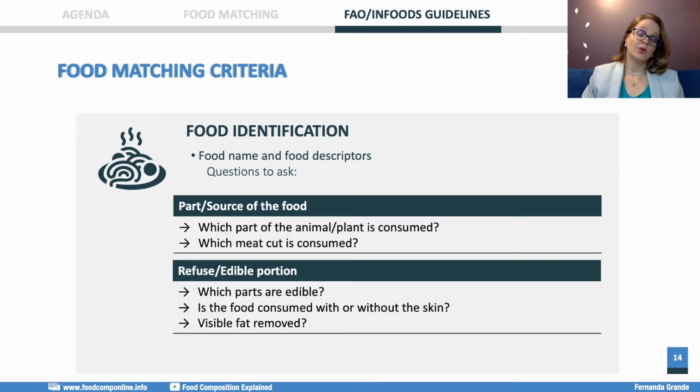So, for example, thinking about the food part and edible portion, when we say just chicken, it can be chicken breast or chicken leg, with or without skin, or if we say fish, it can be whole or fillet only, with or without skin. So depending on the part consumed or refused, the nutrient composition will vary a lot.